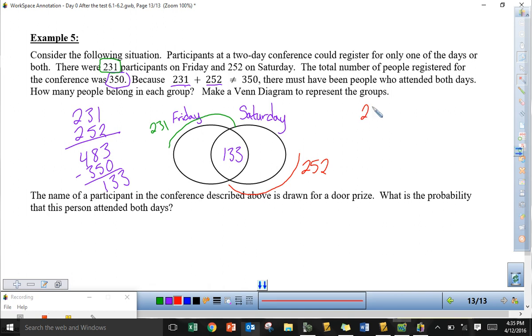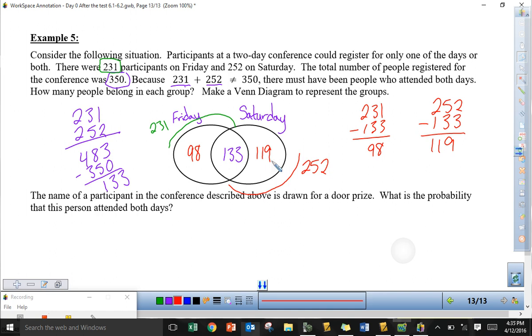So we'll take 231 minus 133, which gives us 98 participants. Okay, doing that same thing for Saturday, we'll take 252 and subtract our intersection of 133. Okay, and that will give us 119 participants who just went Saturday.